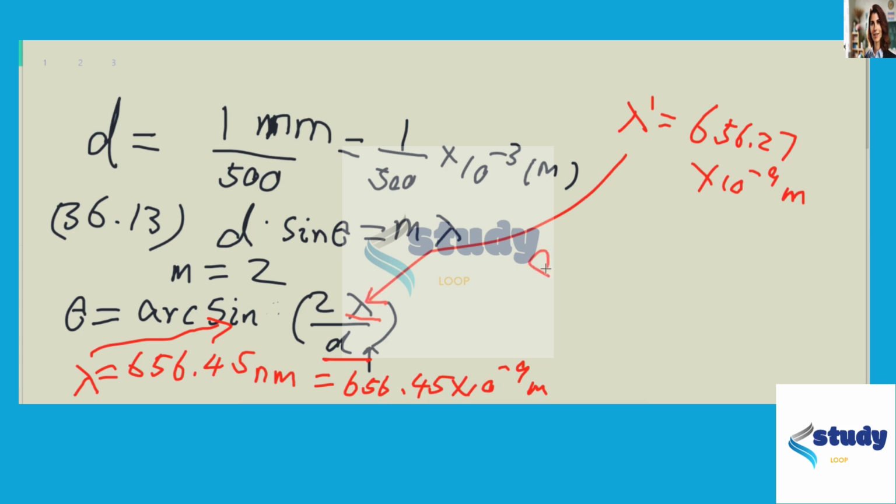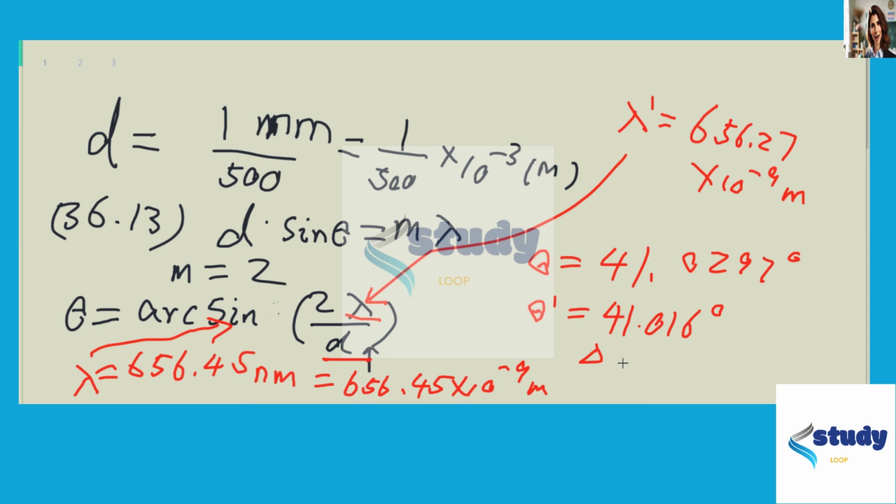So what we will get is theta equals 41.2097 degrees. Once we plug in lambda prime, we will get theta prime equals 41.016 degrees.